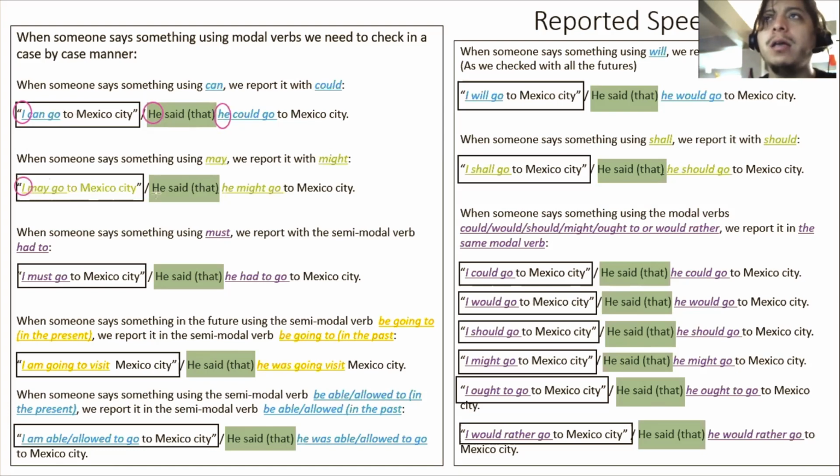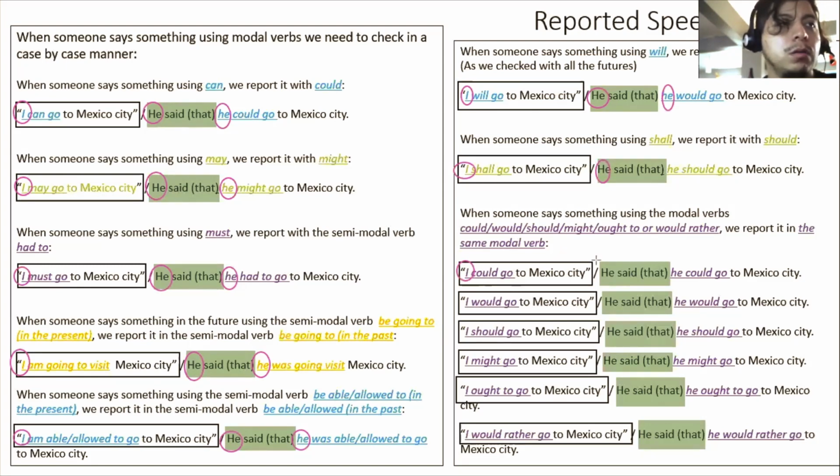Okay, I is changed to he again, or to she, or it depends on who said this sentence. In this case, we don't really have Mario or Luis or Jennifer, so we are going to assume that it was a man, but well, it depends. You need to know who you are reporting. So if you notice in the reported speech, we are changing all the I's for he.